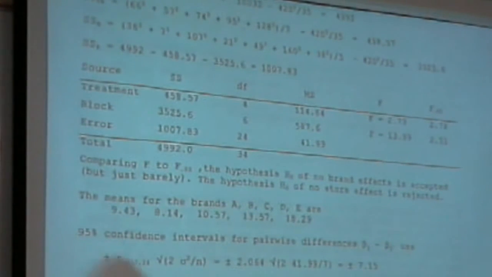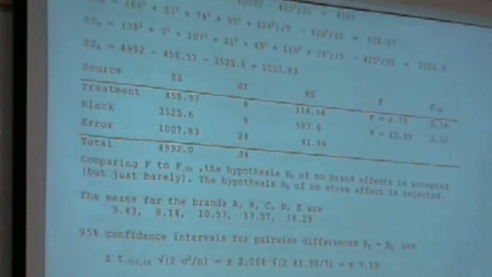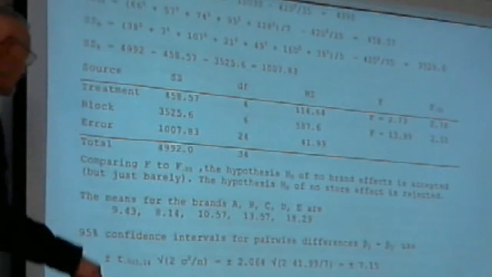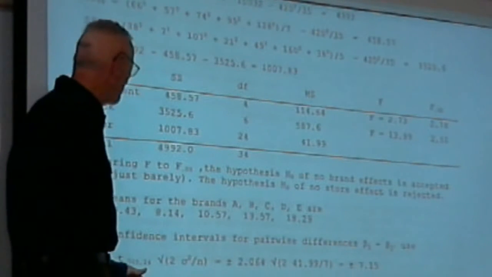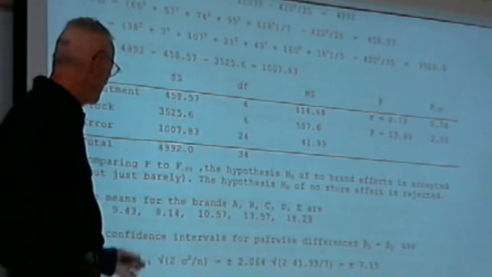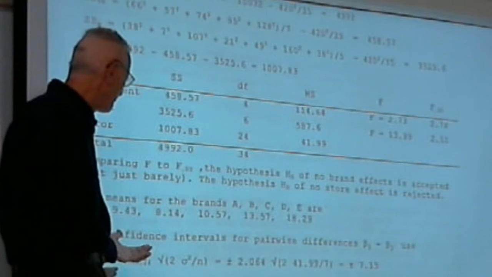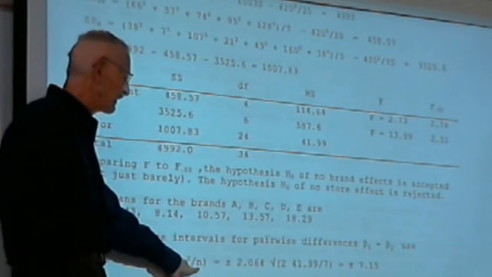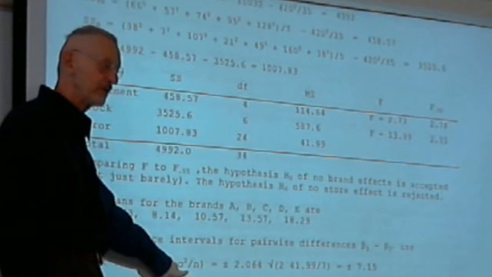Now, I wanted to do some 95% confidence intervals for pairwise differences, beta J minus beta J prime. So I went to this formula for the plus or minus. You have to flip back a page, and you remember for a difference between 2 betas, this was the variance formula, 2 sigma squared over here.